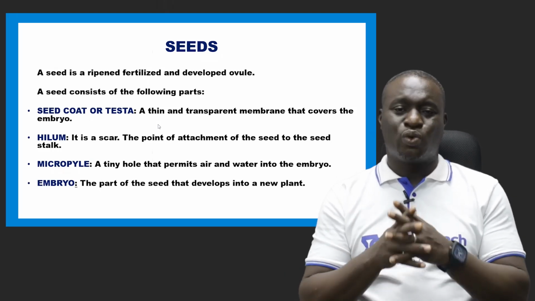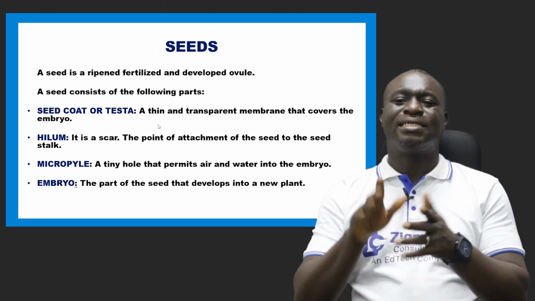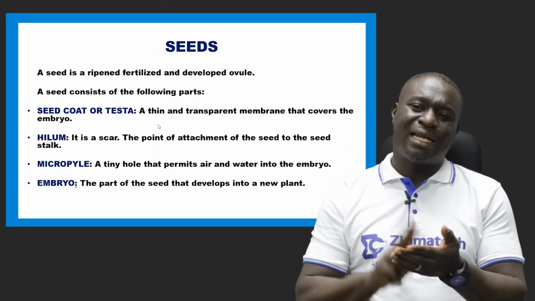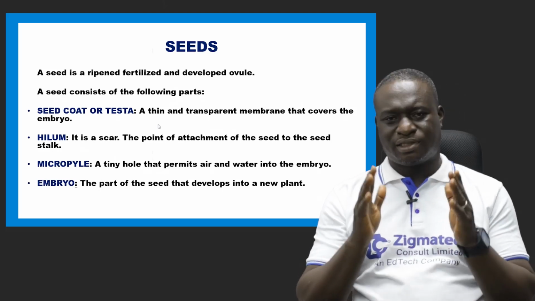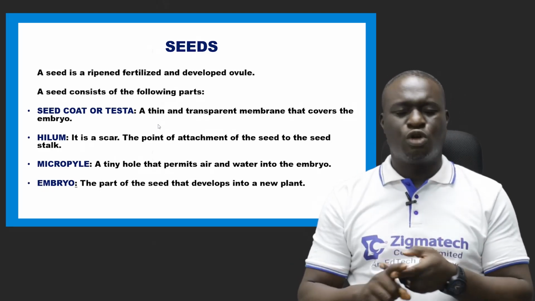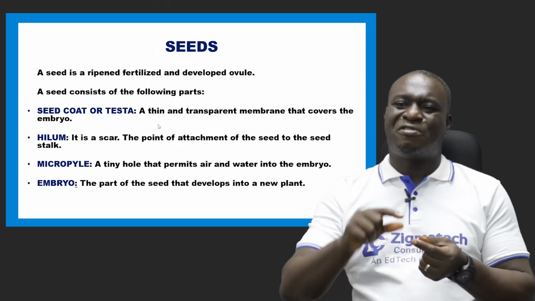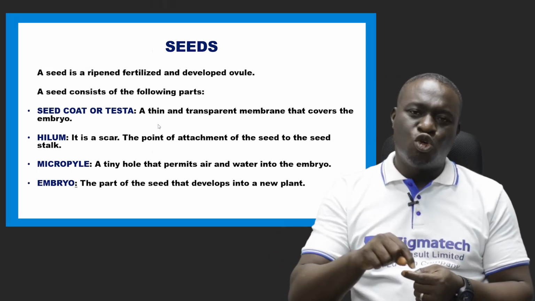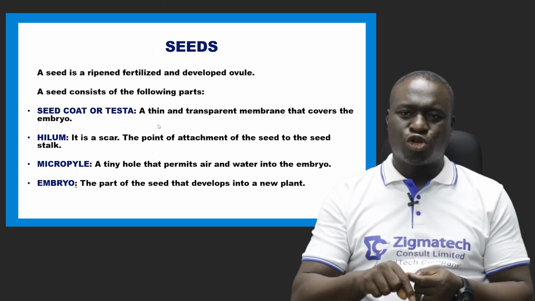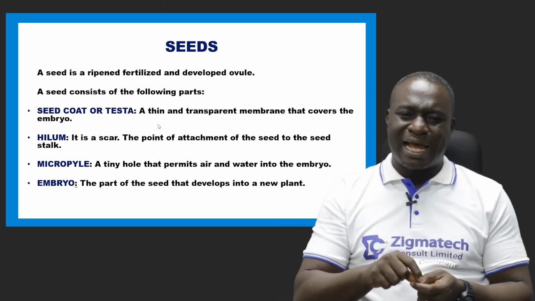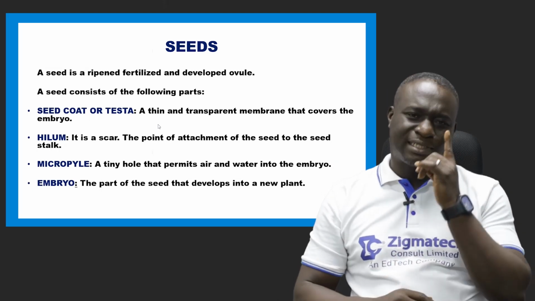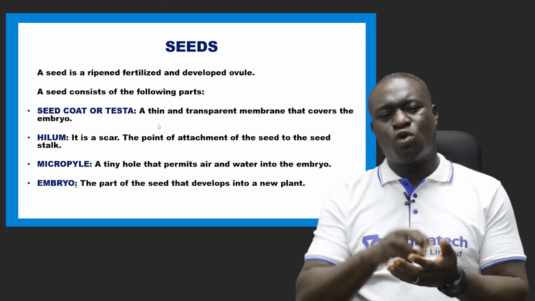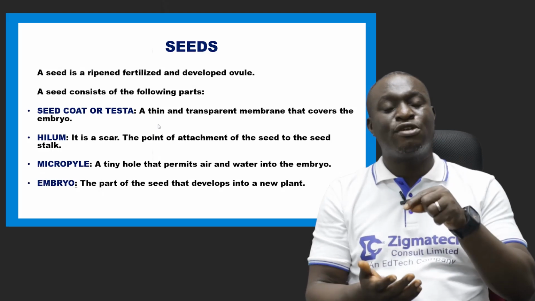So by definition, we can say a seed is a ripened, fertilized, and developed ovule. A seed is a ripened, or you can say a mature, fertilized, and developed ovule. A mature or ripened, fertilized, and developed what? Ovule.